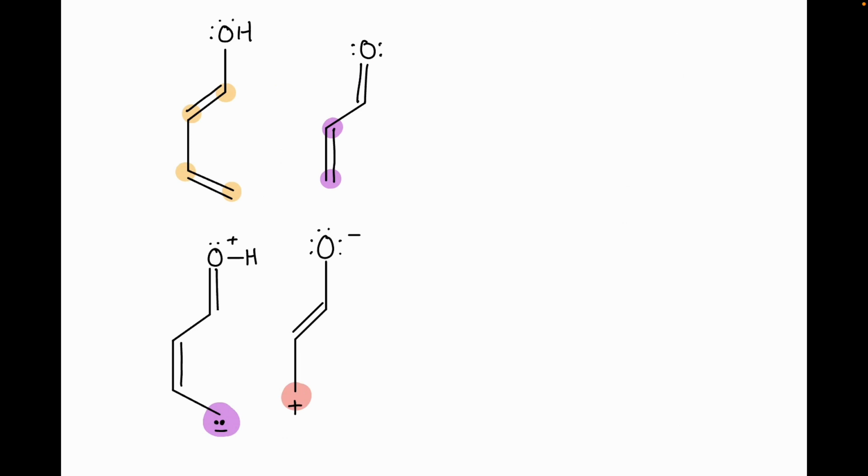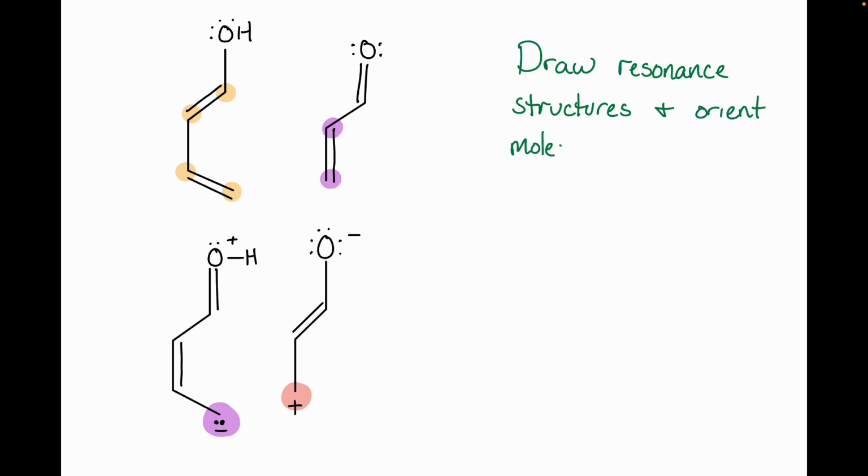Well, this is perfect, because those electrons want to move over to that carbon, right? That cyclic reaction sort of will be helped by these resonance structures here, all right? So for our Diels-Alder reactions with electron withdrawing and electron donating groups, we have to draw our resonance structures and orient our molecule so that positive and negative are next to one another.